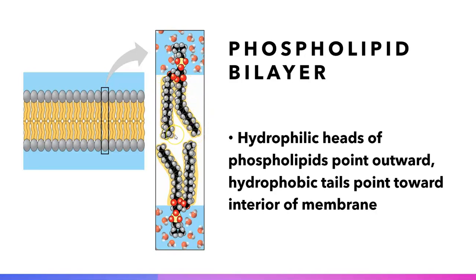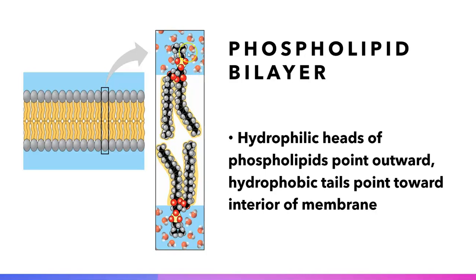These are hydrophobic. Typically a cell membrane is separating two aqueous solutions, right? The liquid on the outside of a cell could be filled with water, and the contents within the cell are usually water-based as well.